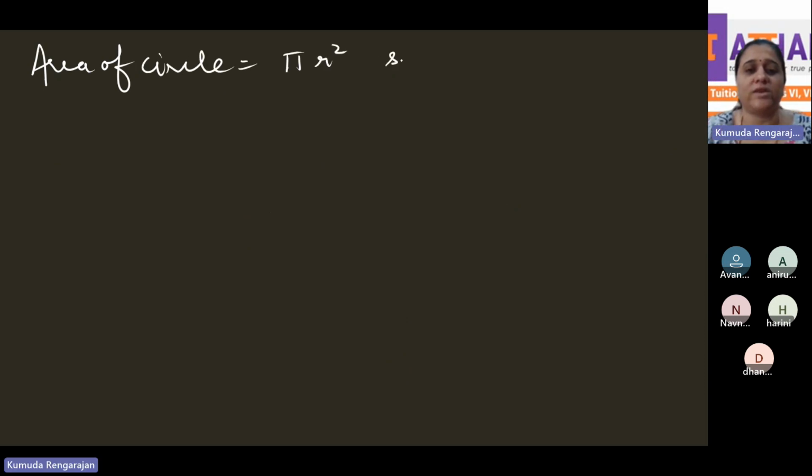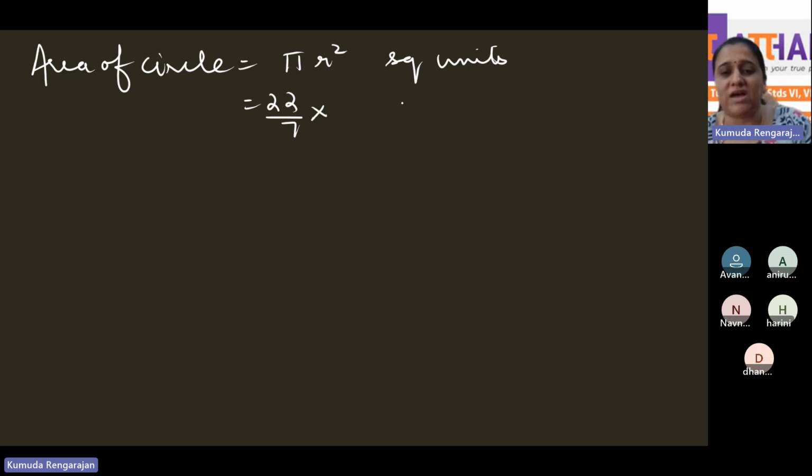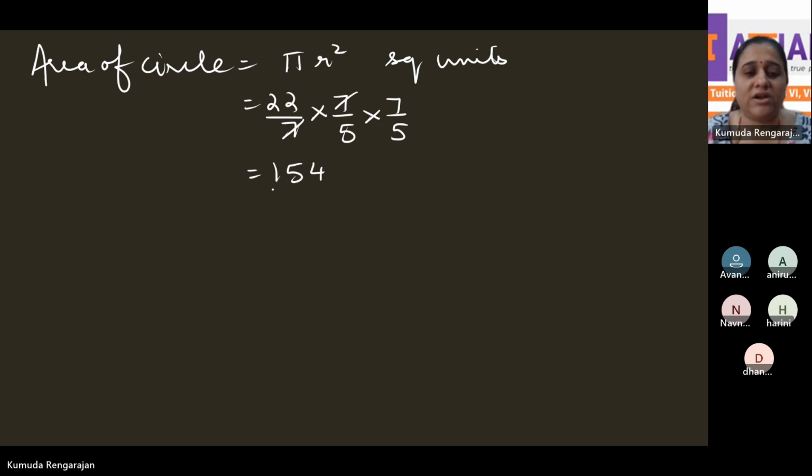So area of circle is equal to pi r square units. So pi is 22 by 7 into r square means r into r. So 7 by 5 into 7 by 5. 7 and 7 gets cancelled. Then you cannot simplify any further. So 22 into 7 is 154, divided by 5 into 5 is 25.